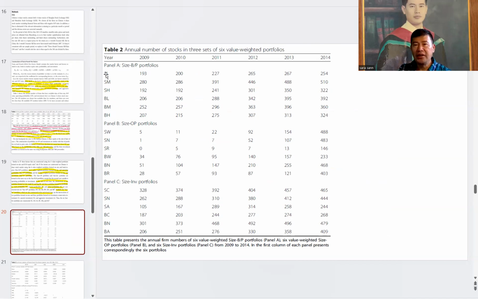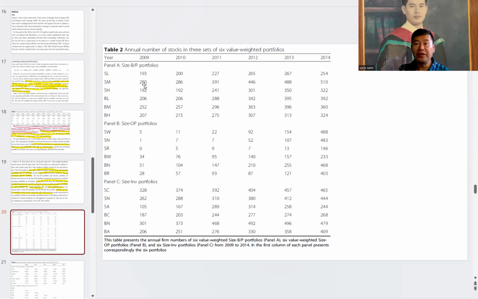So small size with low book-to-market ratio, small size with medium book-to-market ratio, small size with high book-to-market ratio, as well as big L, big M, big H. So all the portfolios are divided into 6 groups, according to size and book-to-market.